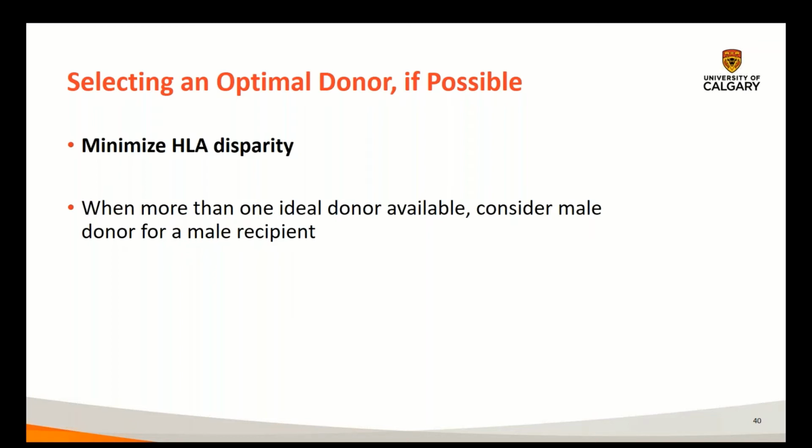When there's more than one ideal donor available, consider a male donor for a male recipient. Now, this may or may not be the most important thing when you're selecting a donor, and this tends to be really dependent on the patient's underlying disease, their comorbidities, and each center may have a slightly different donor selection algorithm.